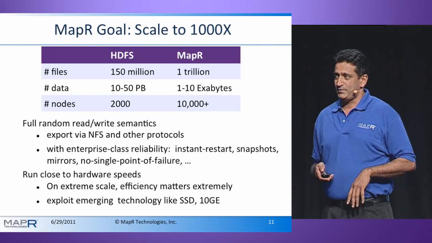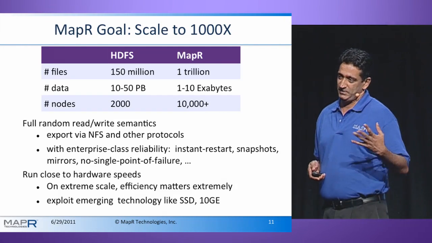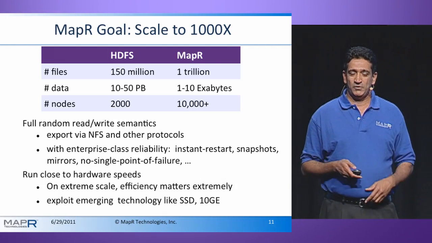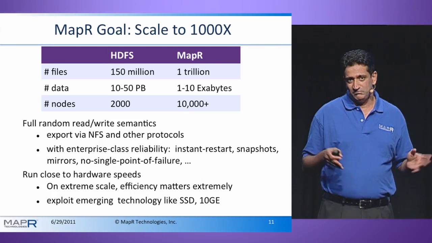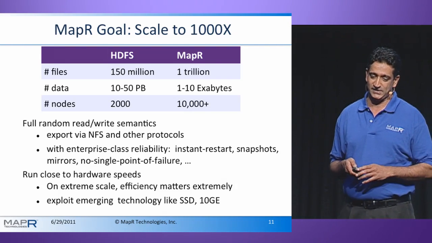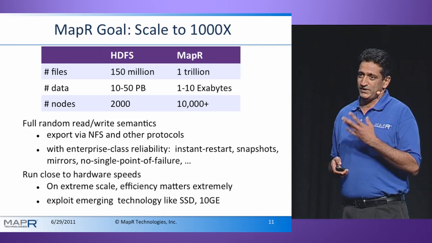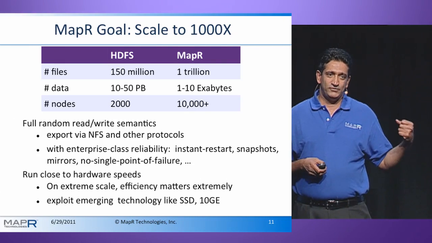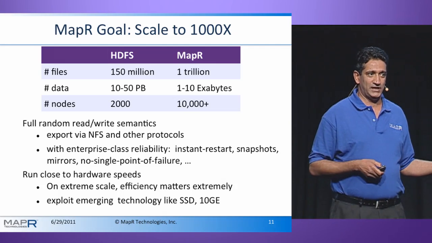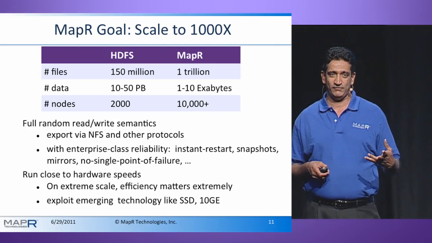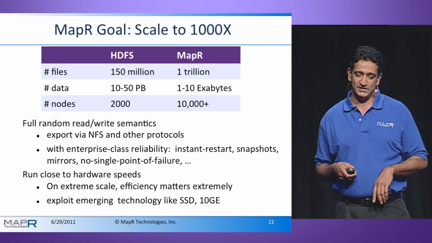So we set ourselves pretty lofty goals. We said, number of files, let's make that 1 trillion files. We want to scale the data to about 10 exabytes without a problem. So take it 1,000x. Take the number of nodes to, let's say, 10,000 in one system. And then let's do this with fully random read-write semantics. So you can write randomly, read randomly, so you can do things like export it via NFS or other different protocols.